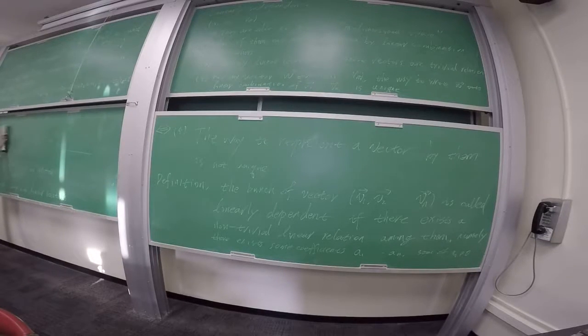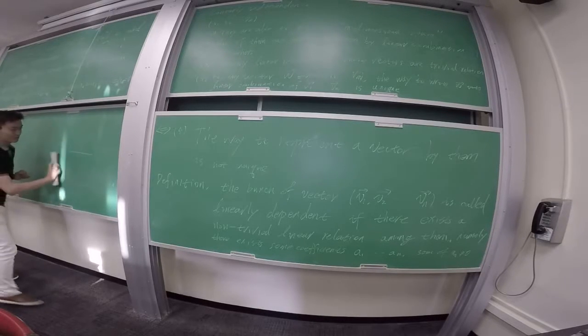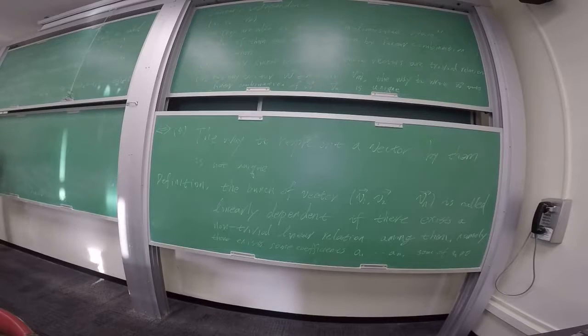Okay, let me give you some examples of linear independence. The way to check whether something is linearly independent is always to first write all of that in an equation, and then use other information to check whether the coefficients are all forced to be zero or not.